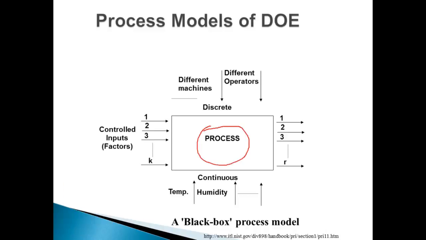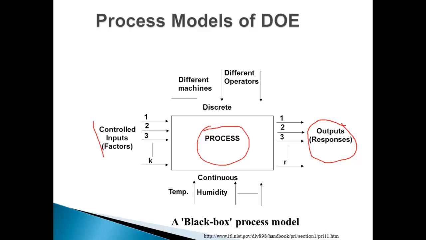So there's always a process we don't know fully how it operates, and for us to be able to understand it, we will usually have some independent variables or the input factors, the control factors, which we are able to manipulate at will. And once we do that, we tend to measure something. And that which we measure we call the output, or the response variable, or the dependent variable.